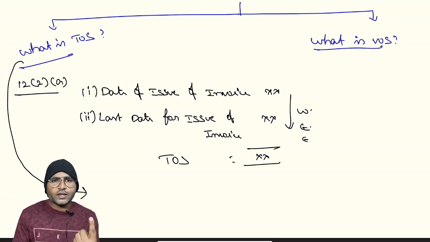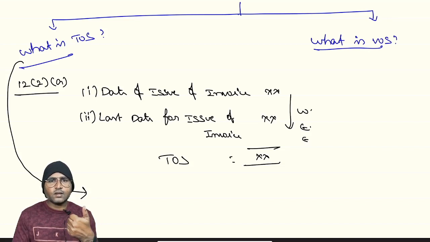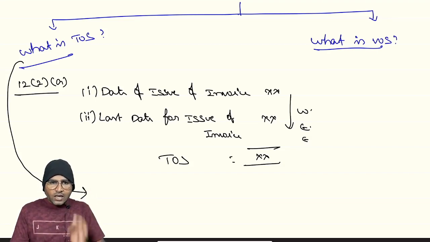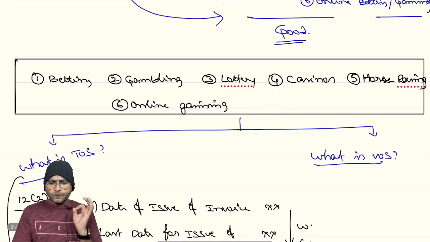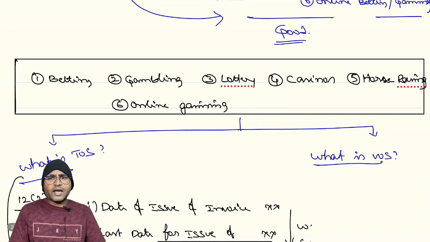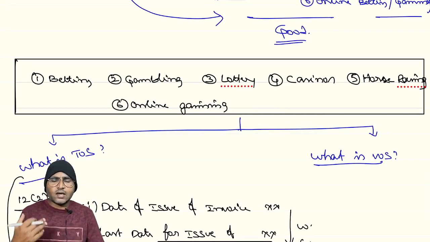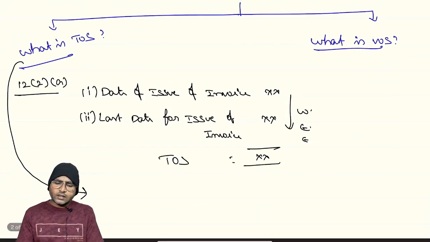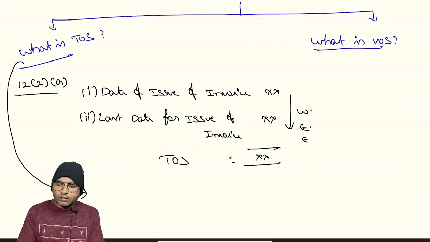Date of issue of invoice and last date for issue of invoice. Whichever is earlier, that is the time of supply. Clear? But now with this amendment, that is by covering casinos, horse racing, online gaming as goods, the time of supply also has been amended. Now the time of supply in relation to actionable claims.